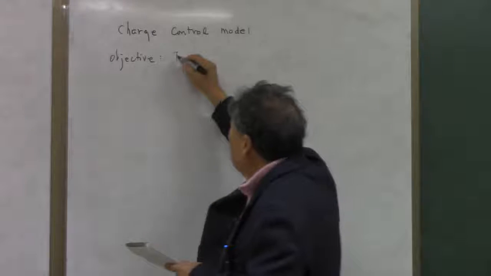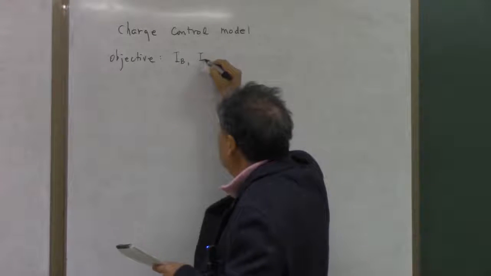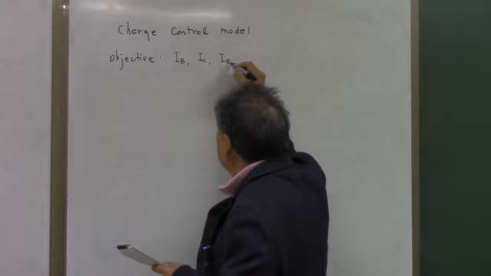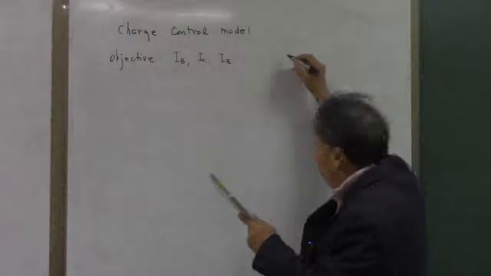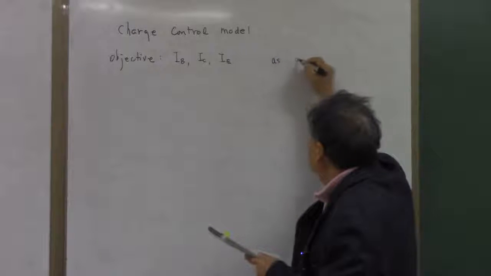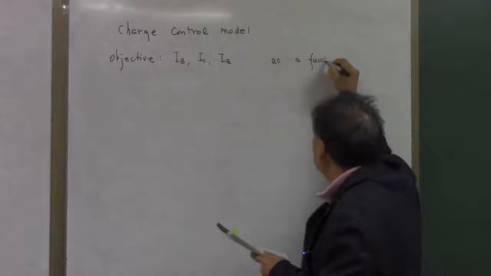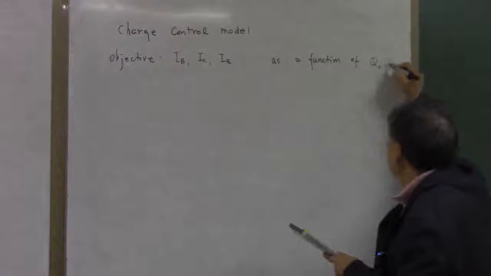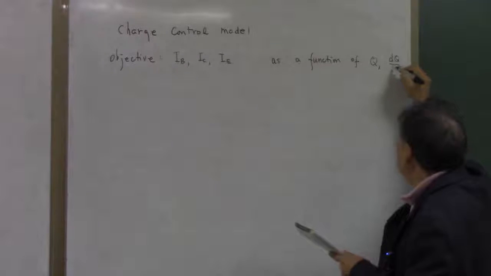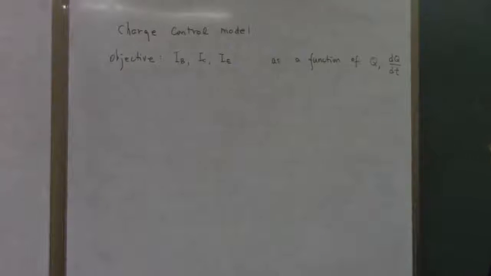The objective: we want to get the terminal currents IB, IC, and IE as a function of charges or the change in charges. Okay.